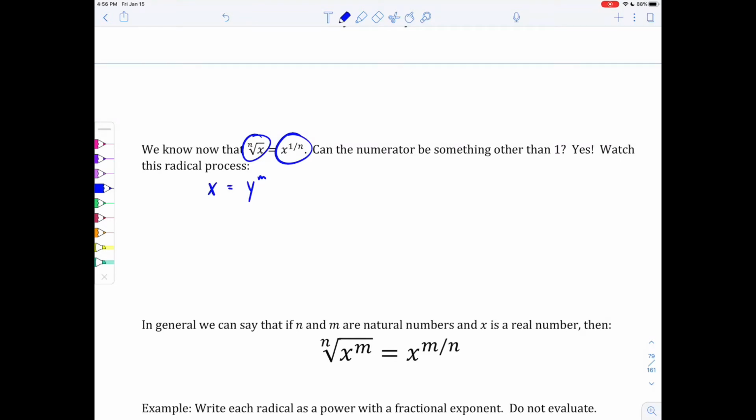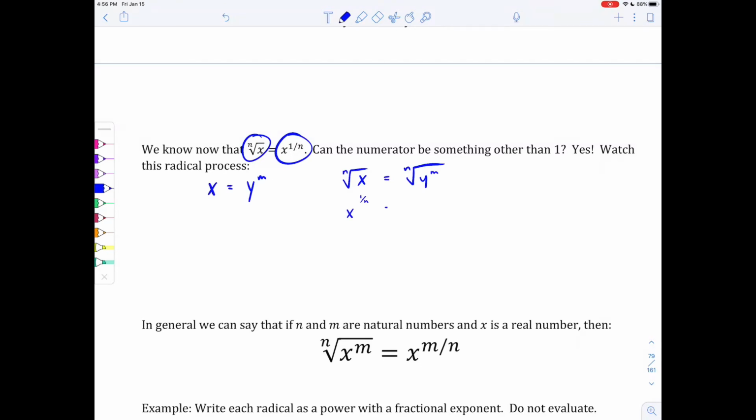So instead of looking for the nth root of x, we're actually going to look for the nth root of y to the power of m. See if we could introduce some other exponent in here and see what happens. Now, if I were to do that, knowing what we've derived on the previous page, instead of writing it as the nth root of x, I can rewrite this as x to the power of 1 over n.